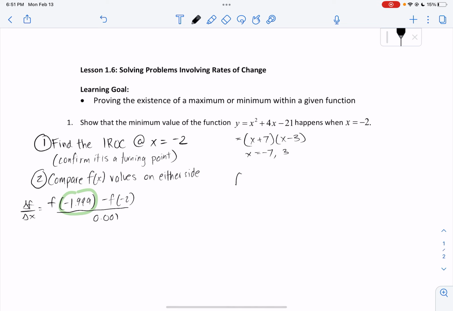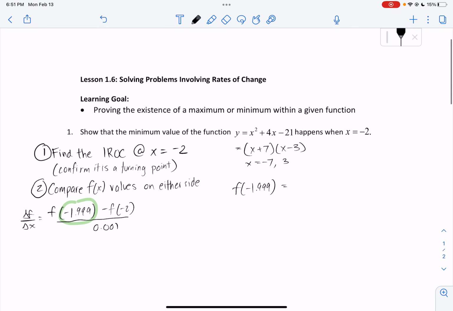So f at negative 1.999, we can use either the standard form or the factored form. Here I'm actually going to use the factored form. I think it's a little bit easier to calculate, that way you're not having to work with the squared. So negative 1.999 plus 7, then negative 1.999 minus 3. If you want, you can simplify this a little bit.